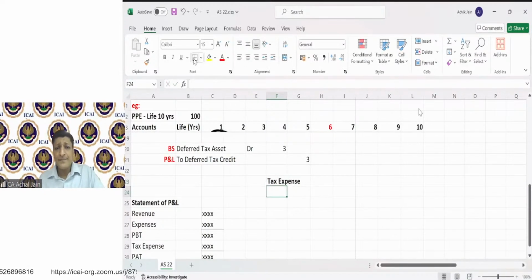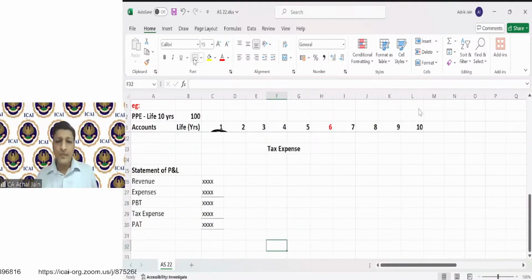For a company in the current year, some provision for tax will have to be created, in respect of the items on which tax consequence is going to arise in the current year itself.